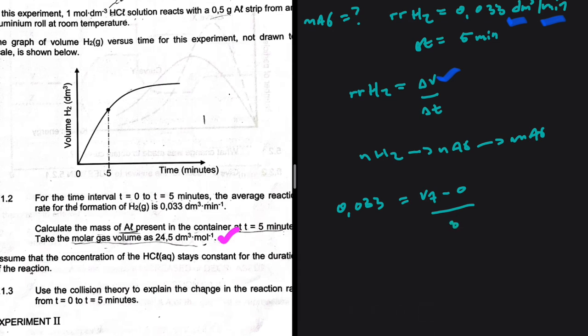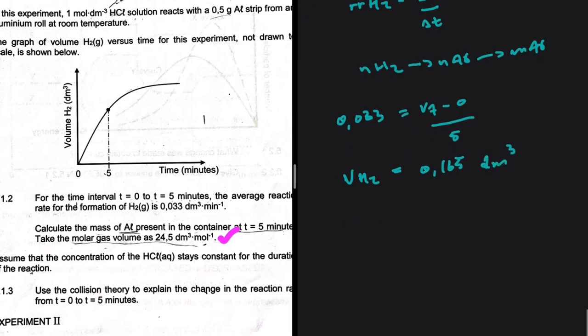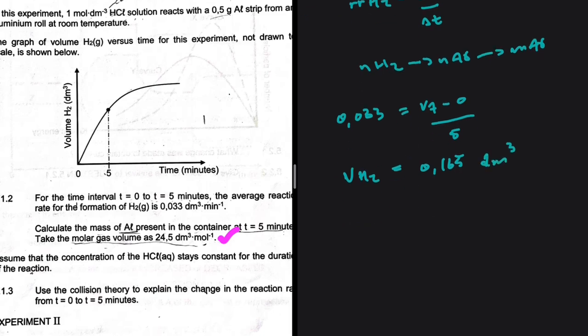And the time is 5 minutes, which we can leave like that because our SI unit is in decimeter cube per minute. So our final volume of H2 will be equal to 0.033 multiplied by 5, which equals 0.165 decimeter cube. So this is our volume.